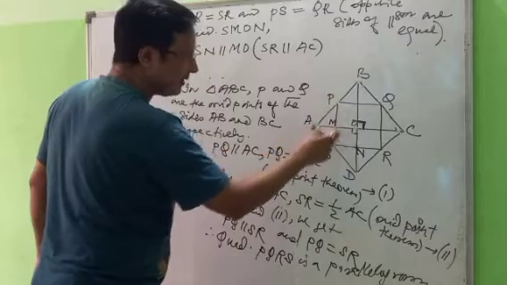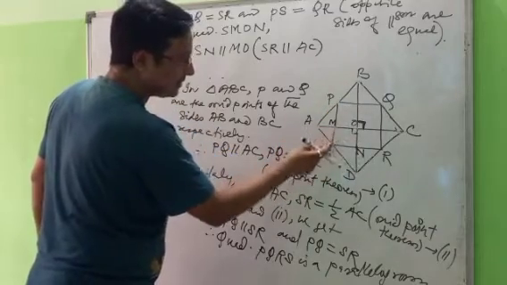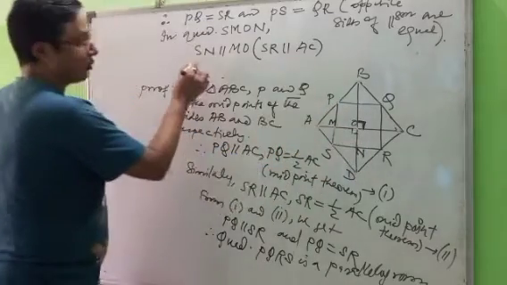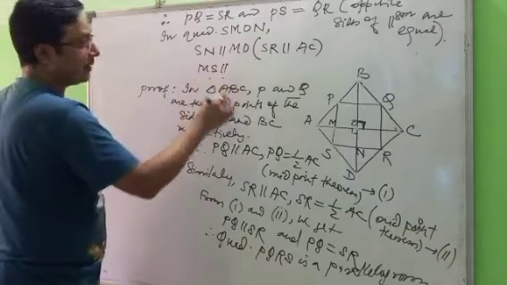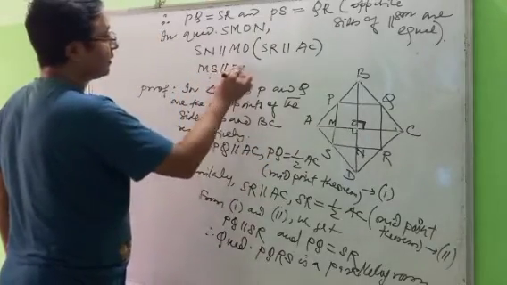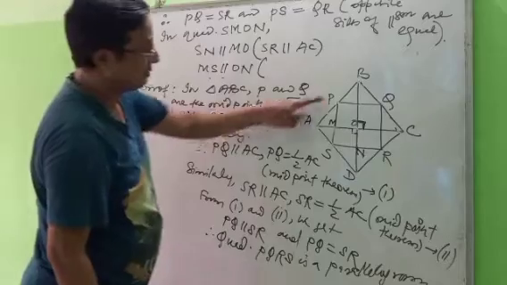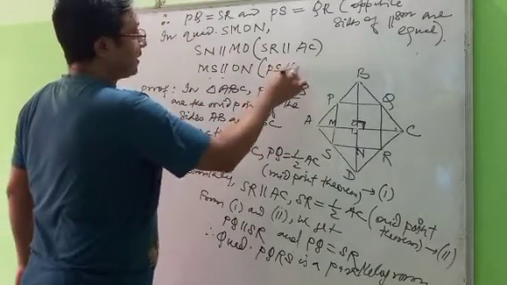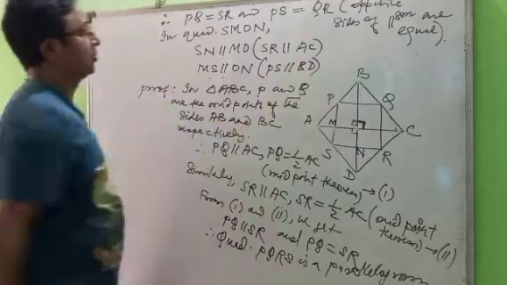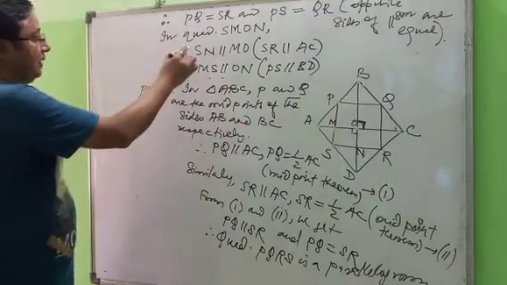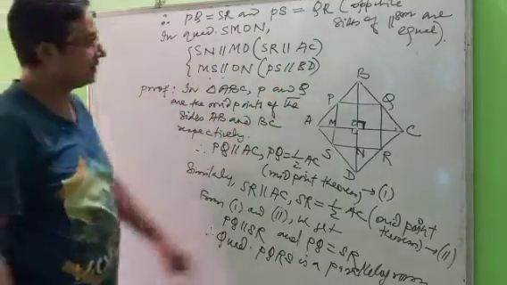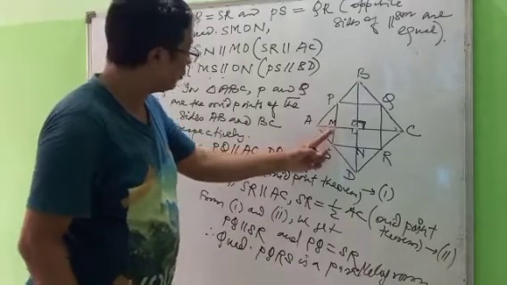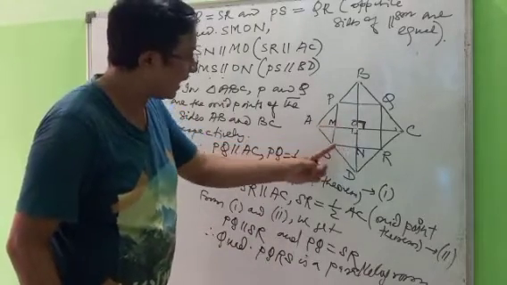If PS is parallel to BD, that means MS is parallel to ON. So MS is parallel to ON because PS is parallel to BD. So now if you see these two, this is a quadrilateral MONS.